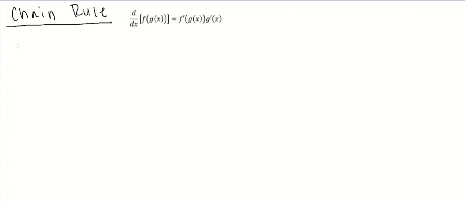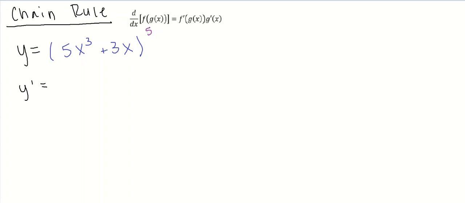So if we have the function y equals, and I'm going to write my inside function in blue, so y equals (5x cubed plus 3x), and then that is all going to be raised to the 5th. So this is my function right here, and I want to take the derivative of this. I want to find y prime.